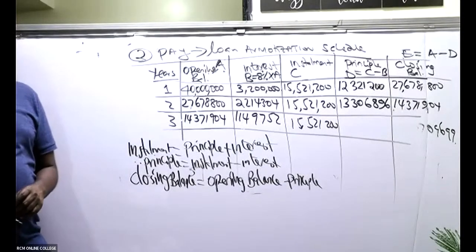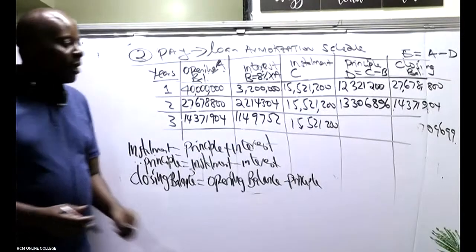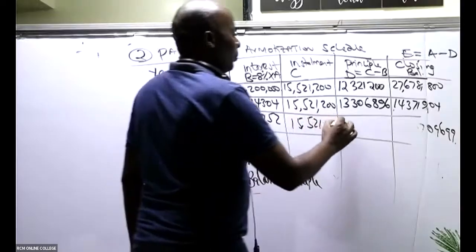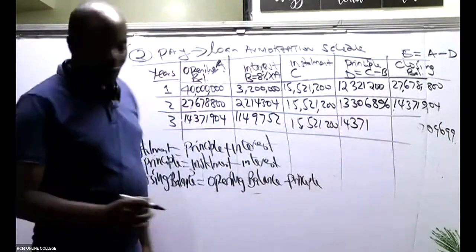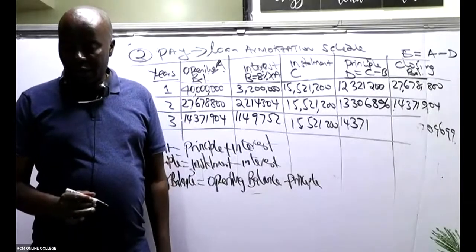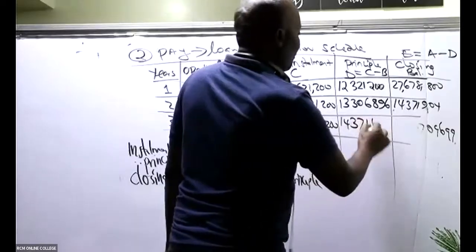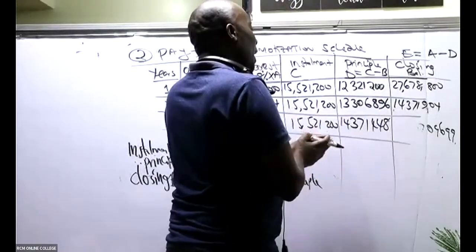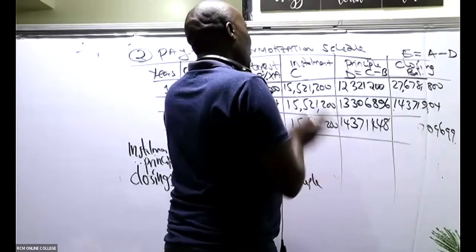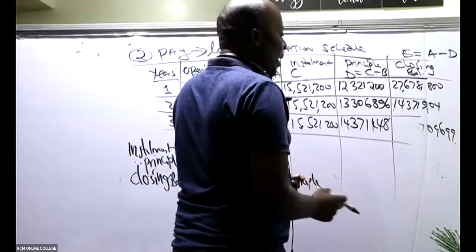So you're getting here 14,371,448. And once I get now this figure, straight away I know how to get closing balance: opening balance minus the principal.